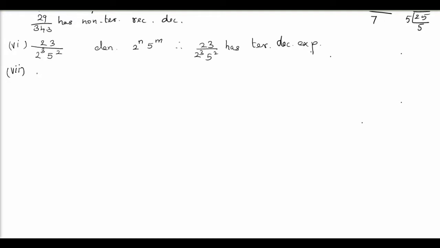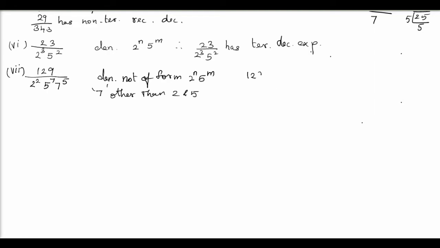Okay, the number given here is 129 by 2 square 5 power 7, 7 power 5. Okay, here clearly the denominator is expressed in factors itself. So here the denominator is not of the form 2 power n 5 power m, because we have some other integer 7 other than 2 and 5.